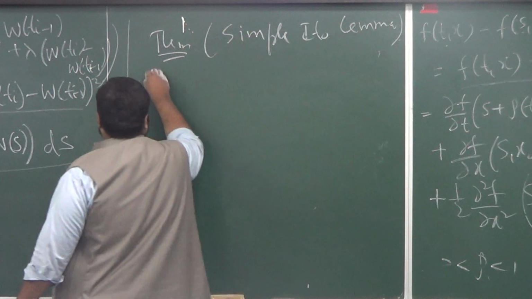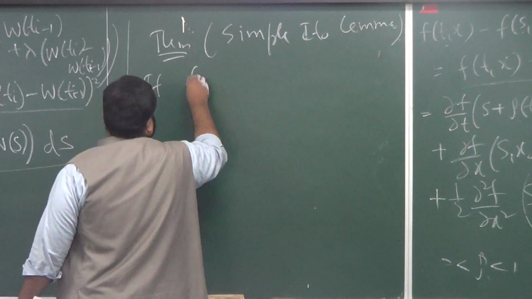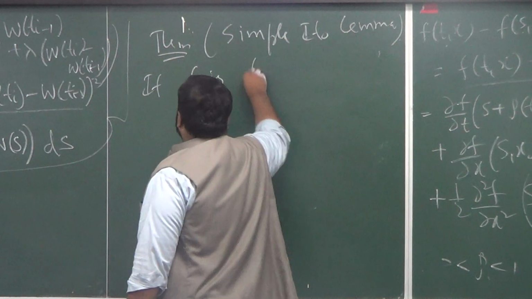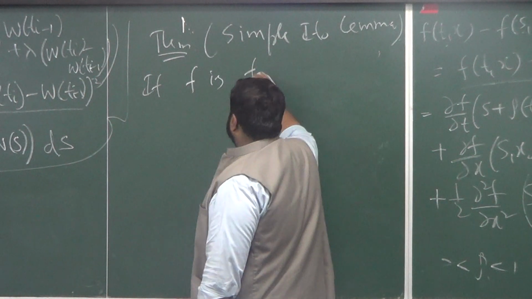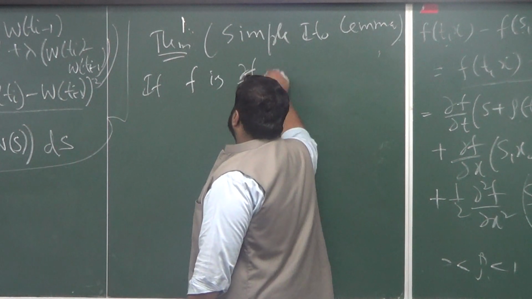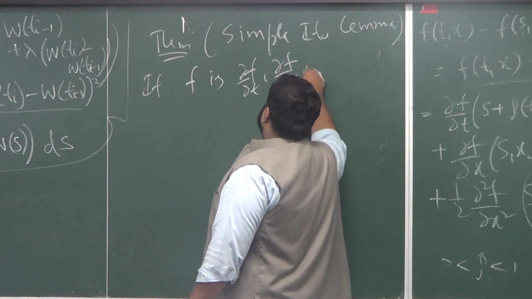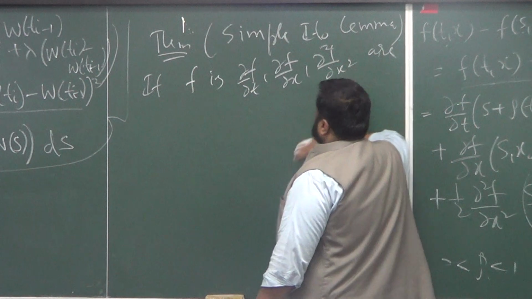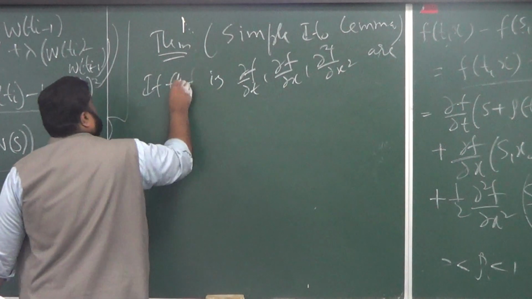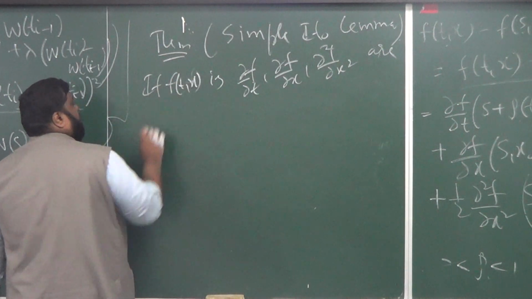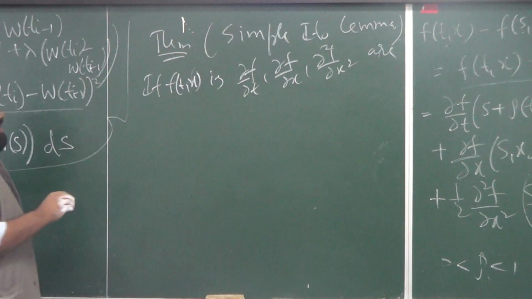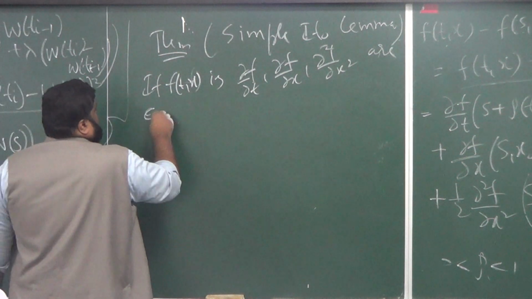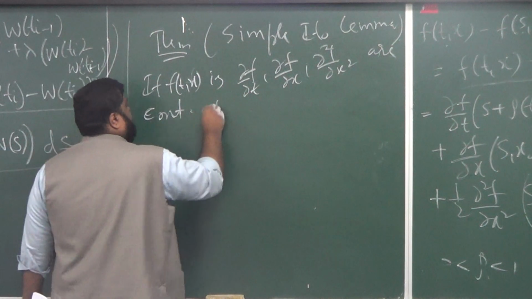So what you need here, obviously, if f is a function, is that the partial f by partial t, partial f by partial x, and partial 2f by partial x2 are continuous, and f is obviously a function of time and space x.